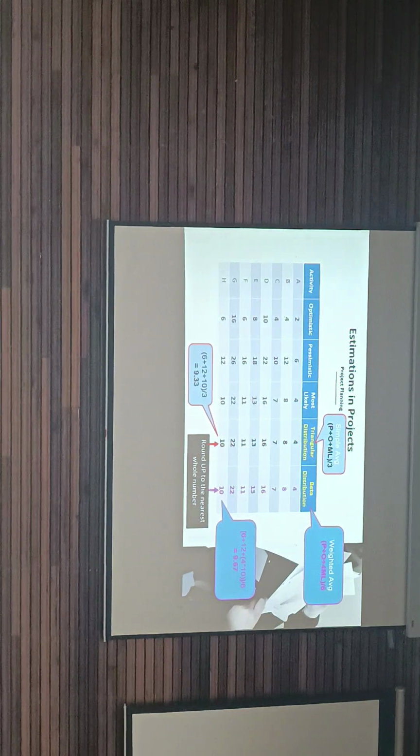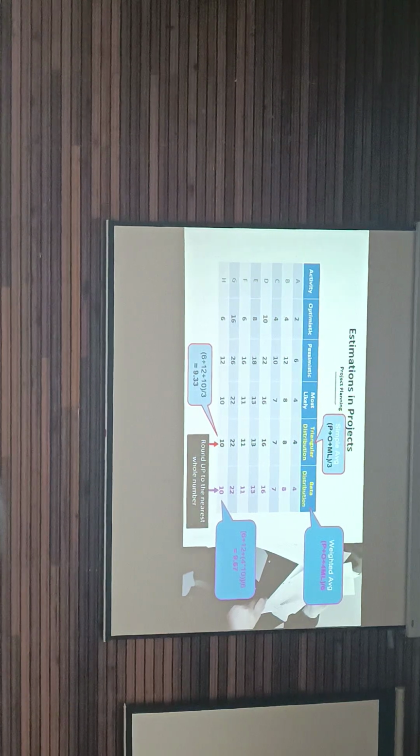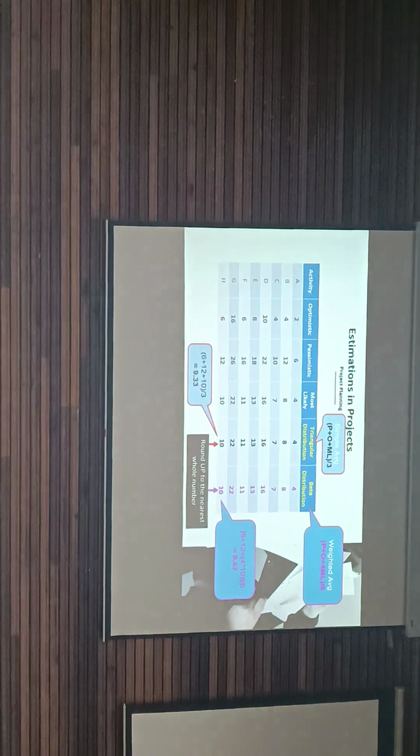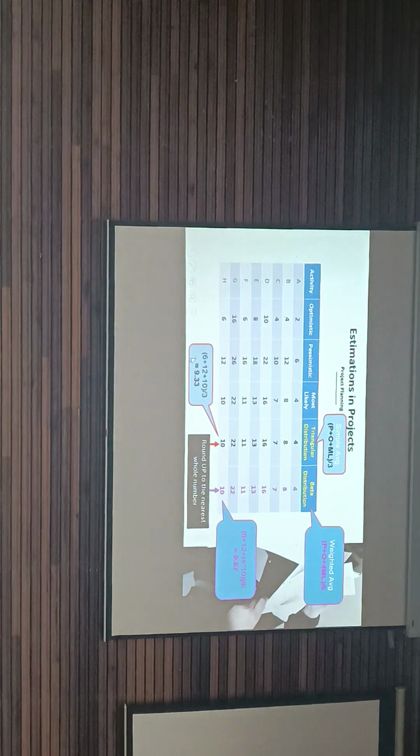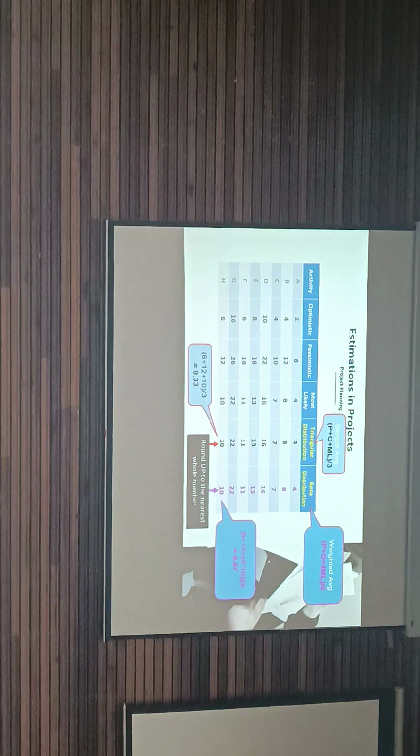Round up to the nearest whole number is 9. If it is 8.1, round up to the nearest whole number is 9. Okay, so just a quick review.